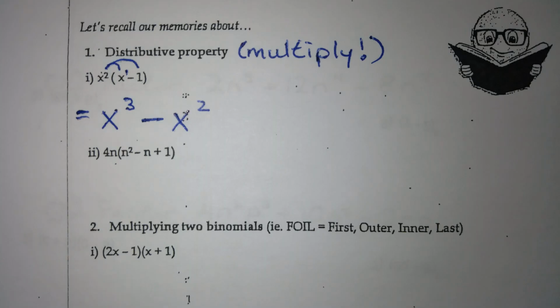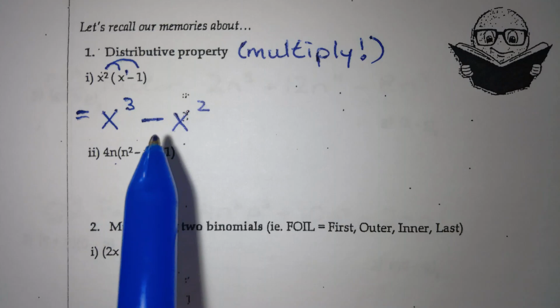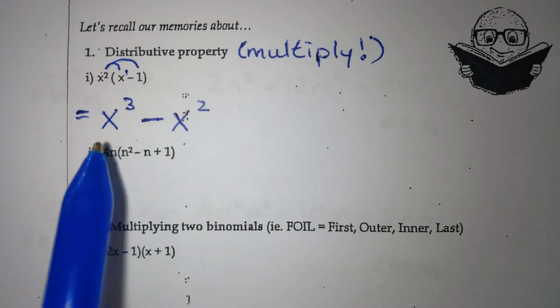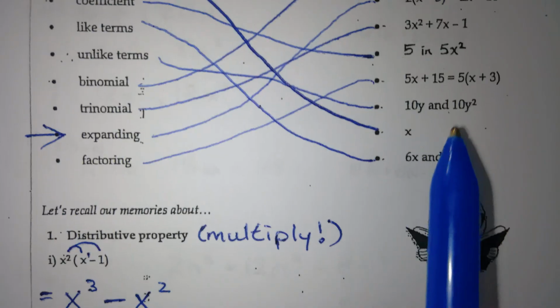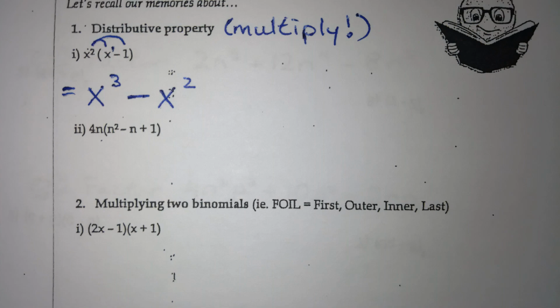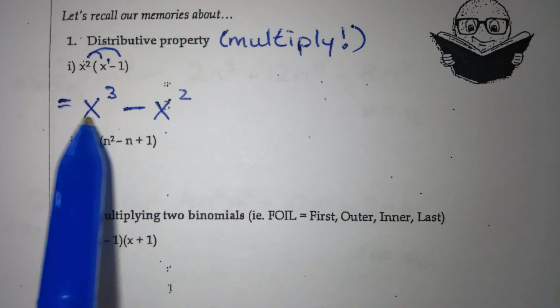Can I simplify this any further? Why not? Excellent. These are unlike terms, just like what we set up here. Can I do anything else? Nope, I just leave this as is. This is my answer.